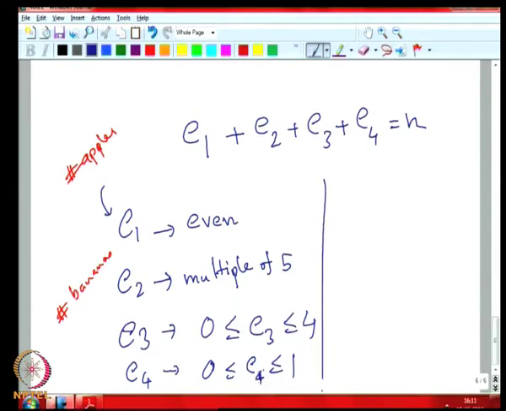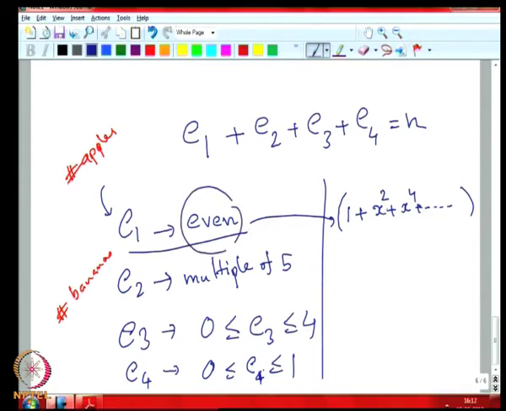So therefore we can cook up the corresponding terms for this. How do we do it? Even terms: this is 1 plus x square plus x raised to 4 plus, and so on, an infinite sum, because E1 has to take only even values. So the power of x here has to be an even number, right.